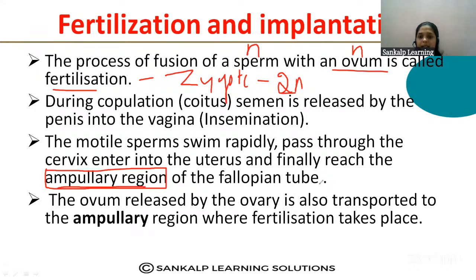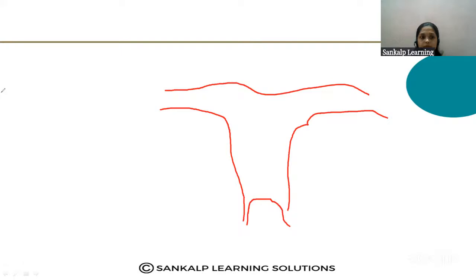Okay. Then how do these sperms move in the uterus? Just imagine this is the diagram of the female reproductive system. Here this part is called the ampulla region. In this part the fertilization takes place.